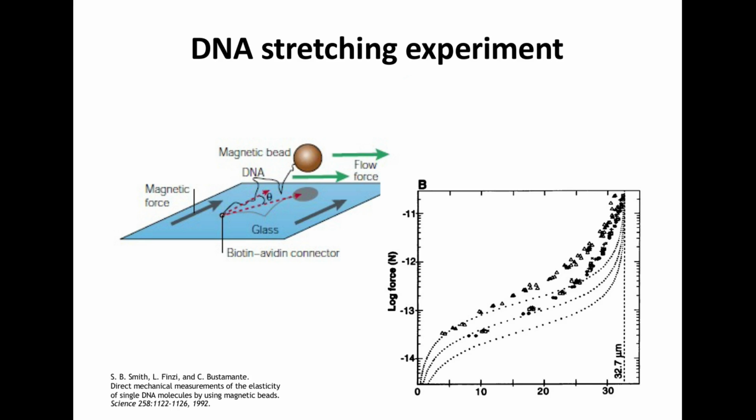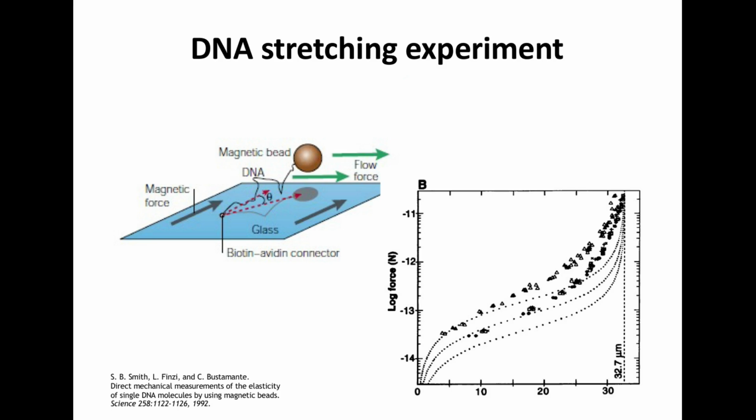Now, by changing the velocity of the flow, we can change the force. So on the y-axis here to the right, you see the log of the force, and simultaneously the position of the bead was monitored, which then reports on the mean extension of the DNA.